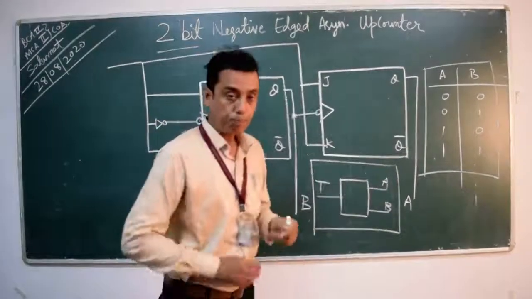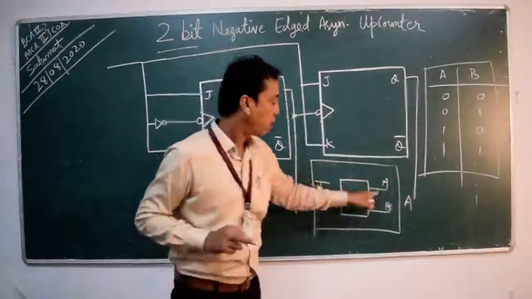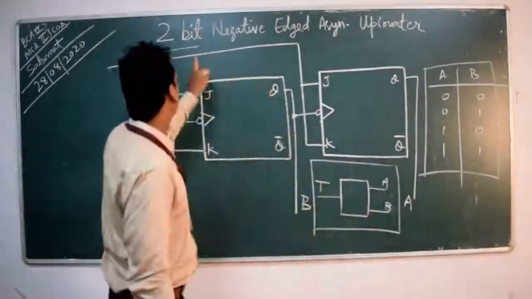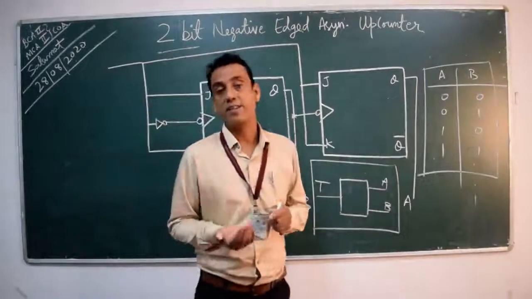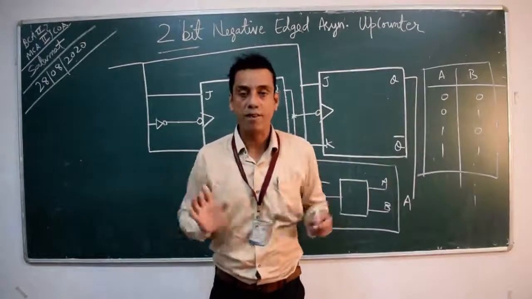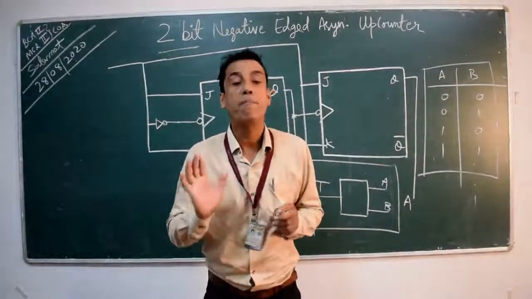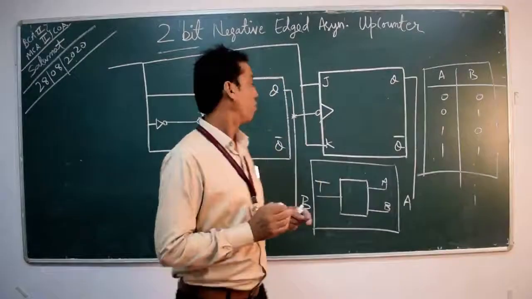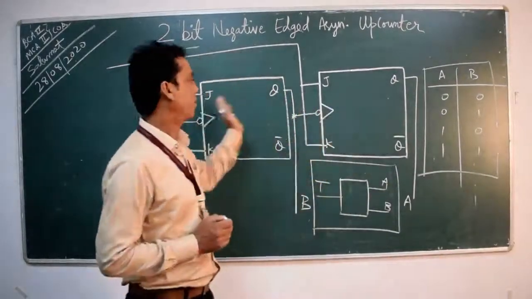Now, 2-bit means only two output lines. Negative edged. What do you mean by negative edged? That thing must be clear to everyone: counter is designed using JK flip-flop. So we have one JK flip-flop and we have another JK flip-flop. This is the design.